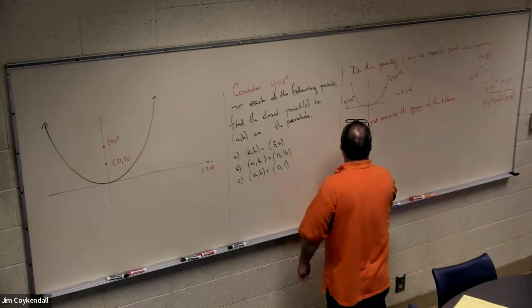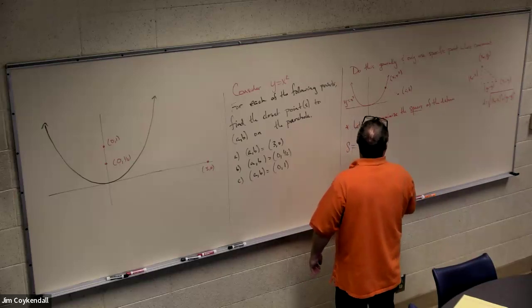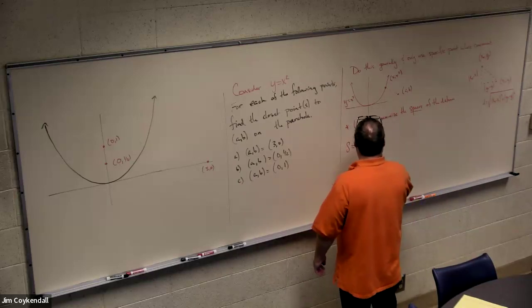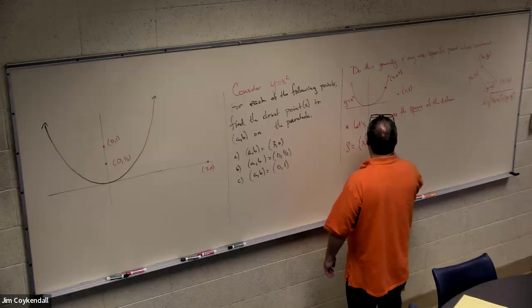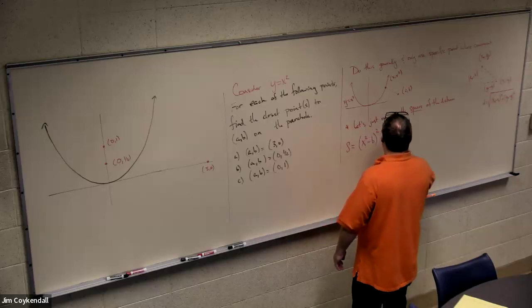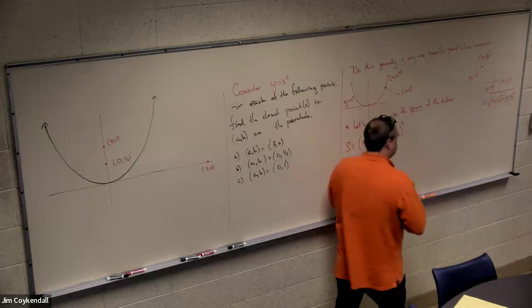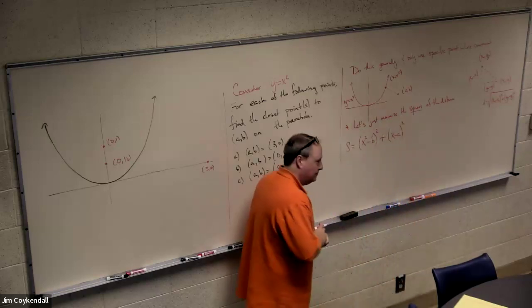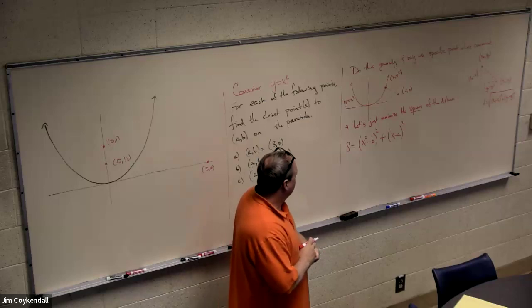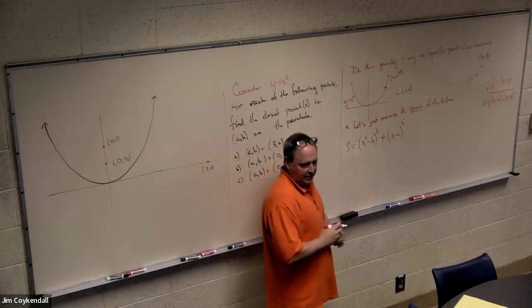So let me write the square of the distance here. This is (x squared minus b) squared plus (x minus a) squared. I want to minimize this.